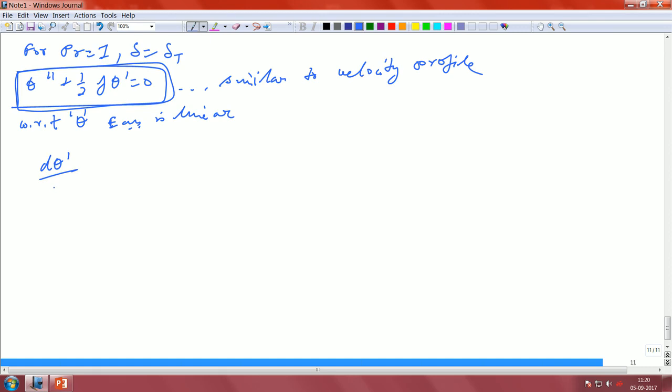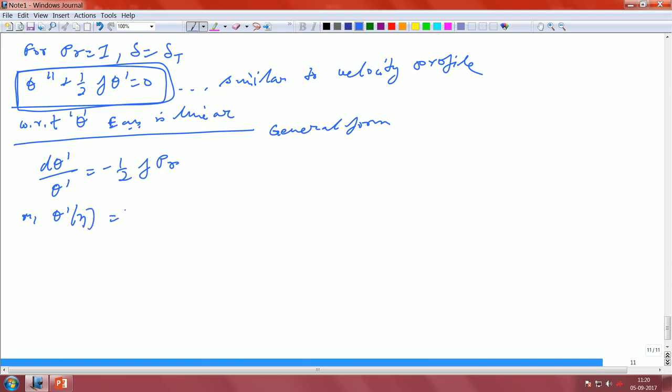So, d theta prime by theta prime is equal to minus half f times the Prandtl number. This is the most general form. Or theta prime of eta equals theta prime 0 times exponential of minus half Prandtl number integral from 0 to eta of f(beta) d beta.